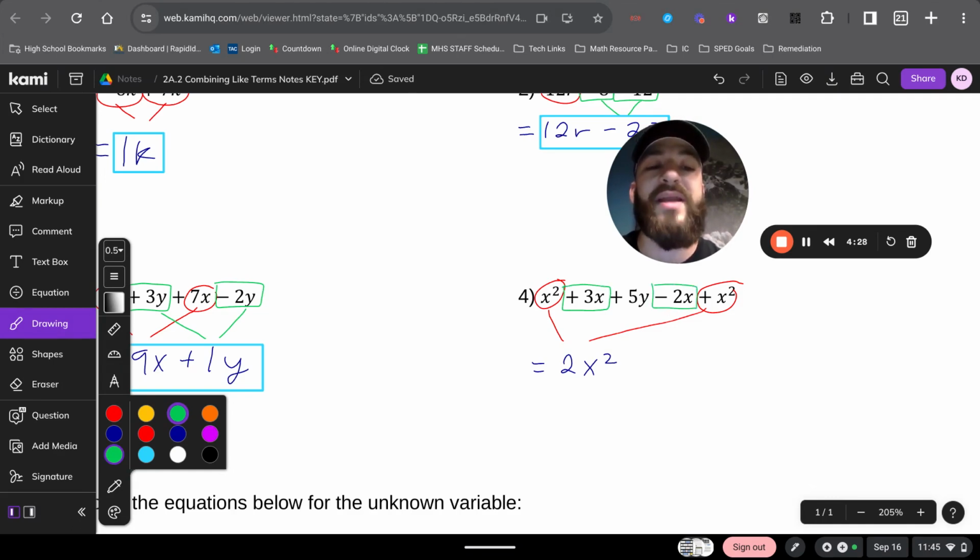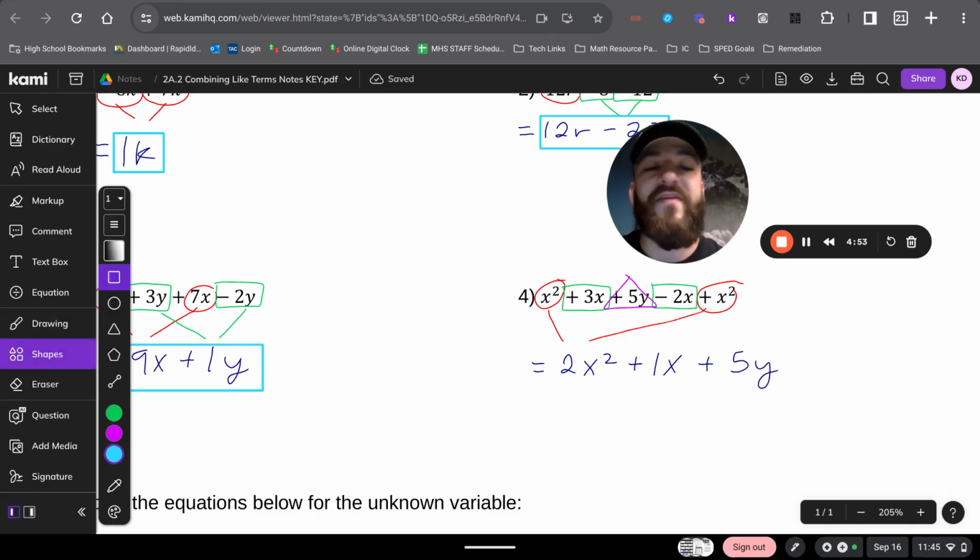I do, this minus 2x. So positive 3 minus 2 is going to give me positive 1x. And then last but not least, I have this positive 5y. Do I have anything else like that positive 5y? I do not. So I'm just going to end up with a positive 5y tacked on to the end, and that's going to be my final answer for this one.